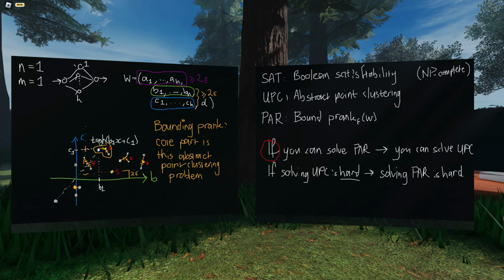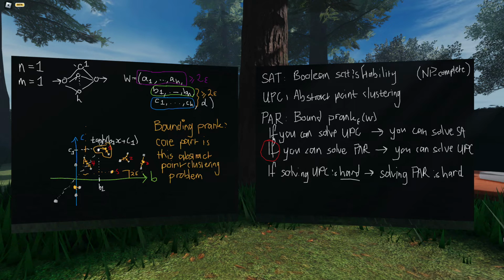I also show that if you can solve UPC, then you can solve SAT. If you put these together, that means that if you can solve PAR, you can solve UPC, which means you can solve SAT. So if you can solve PAR, you can solve SAT.